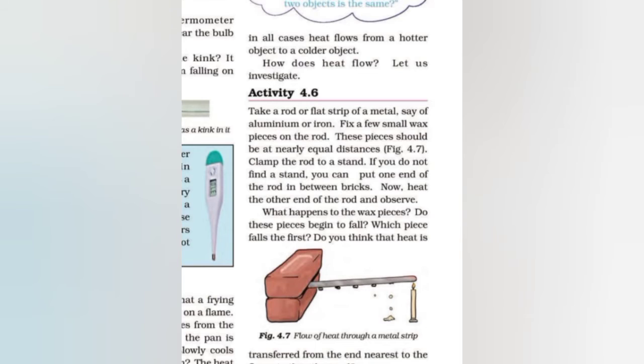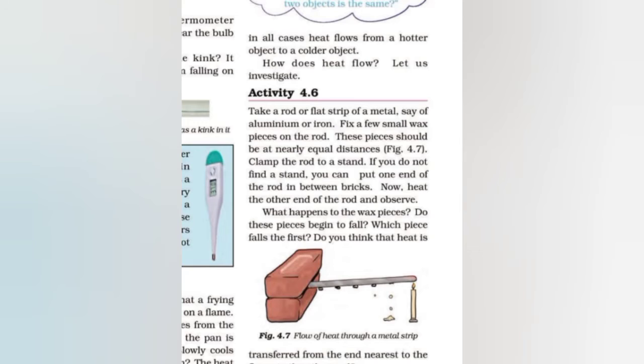Suppose we take another example of a steel spoon. When you heat one end of a steel spoon by keeping it over a burner, you find that its other end also becomes hot after some time.